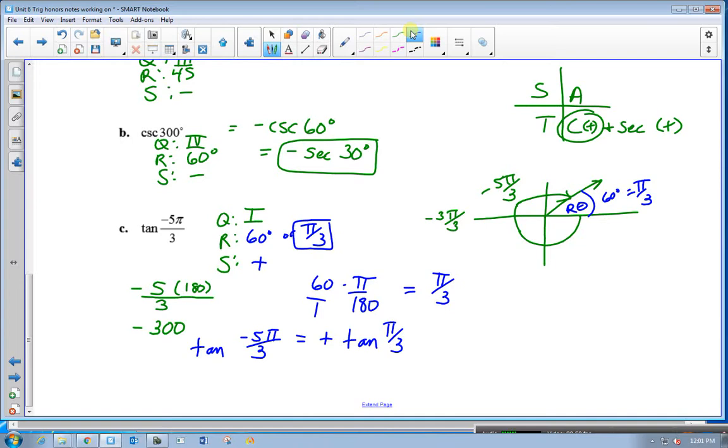So what's the cofunction of that? Cotan pi over what?